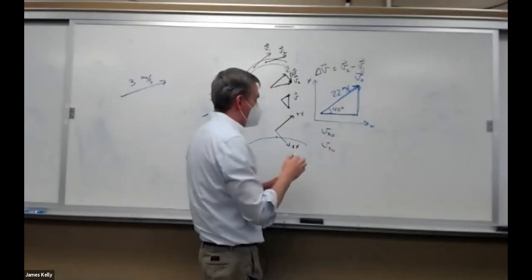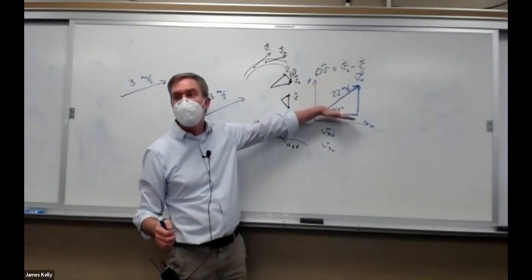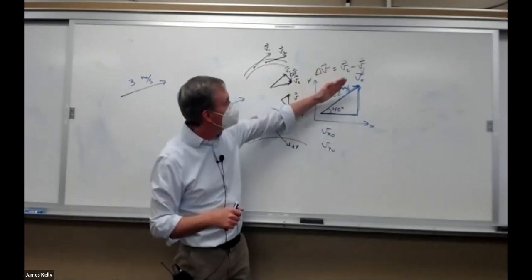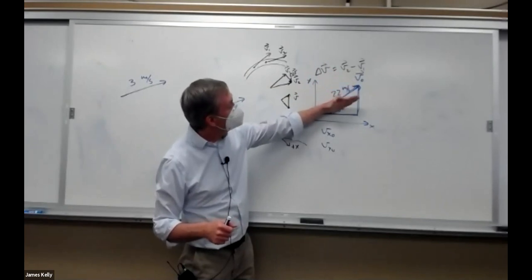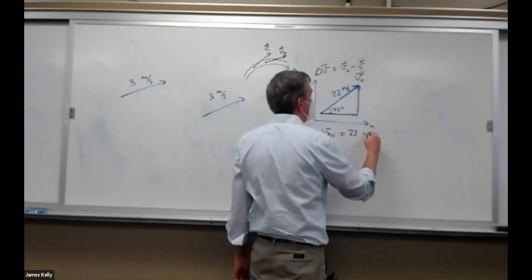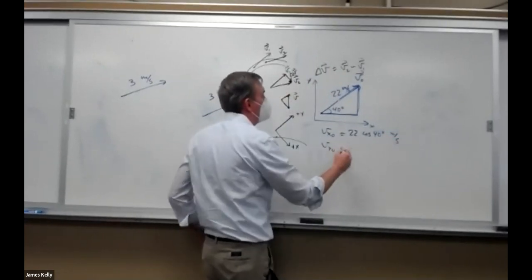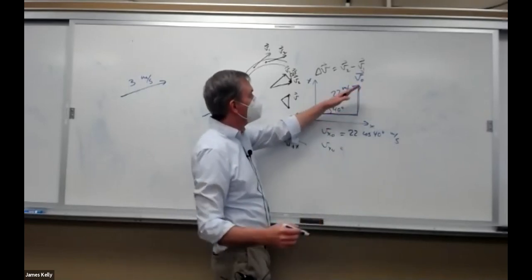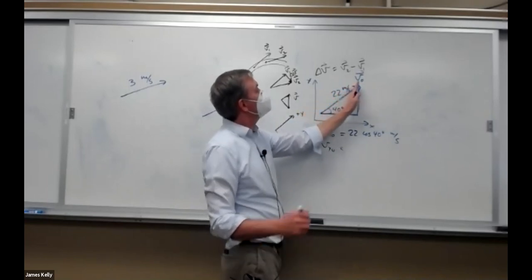Going back to our trigonometry, I really like to pivot through the angle, and I really like cosine, or maybe you like SOHCAHTOA. Starting with 22, I multiply by the cosine of 40 degrees to get the X component: 22 cosine 40 degrees in meters per second. To get to this other side, which corresponds to the initial Y velocity, I have to start at the hypotenuse and sweep across this angle.